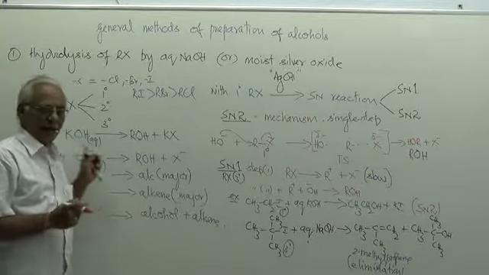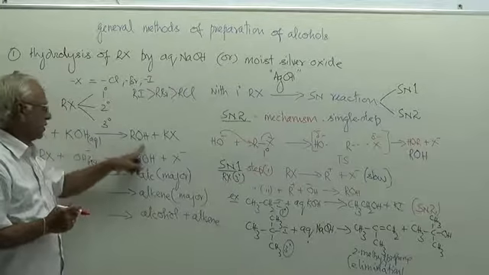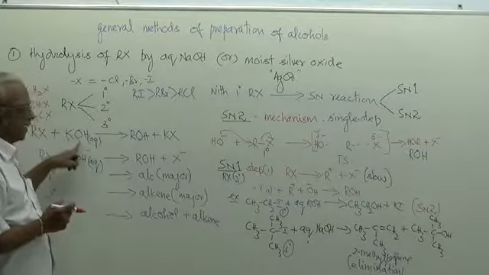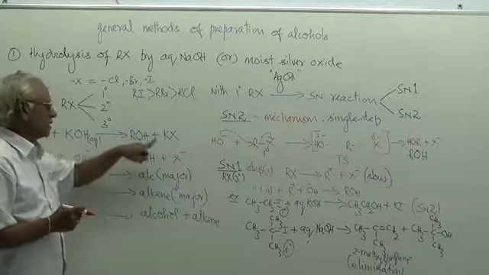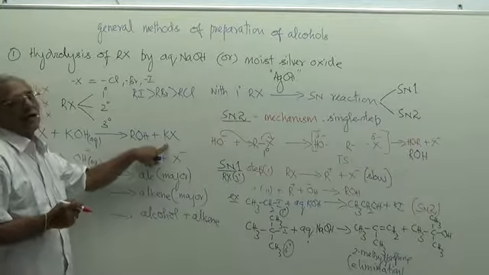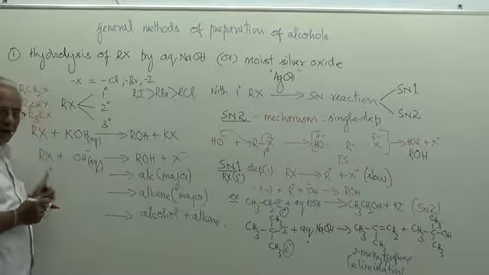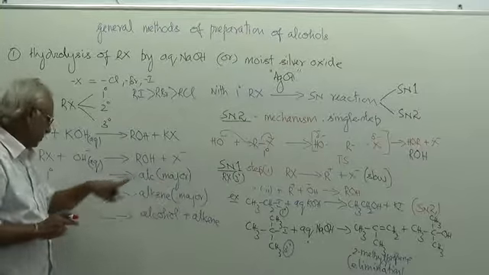And the general reaction is an alkyl halide attacked by aqueous KOH, you get alcohol and potassium halide. Here the active ingredient is the OH minus ion. K plus ion is a spectator ion, is inert, it's not participating in the reaction. Now if the alkyl halide happens to be a primary halide, you get the alcohol as a major product.